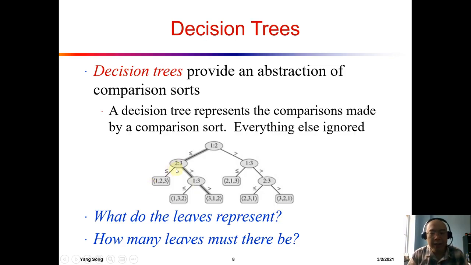If variable 2 is greater or equal to variable 3, then we have to do a further comparison between variable 1 and variable 3, and depending on the result we will go to either variable 1, variable 3, variable 2, or variable 3, variable 1, variable 2 as the final sorted list. So this is a decision tree structure.